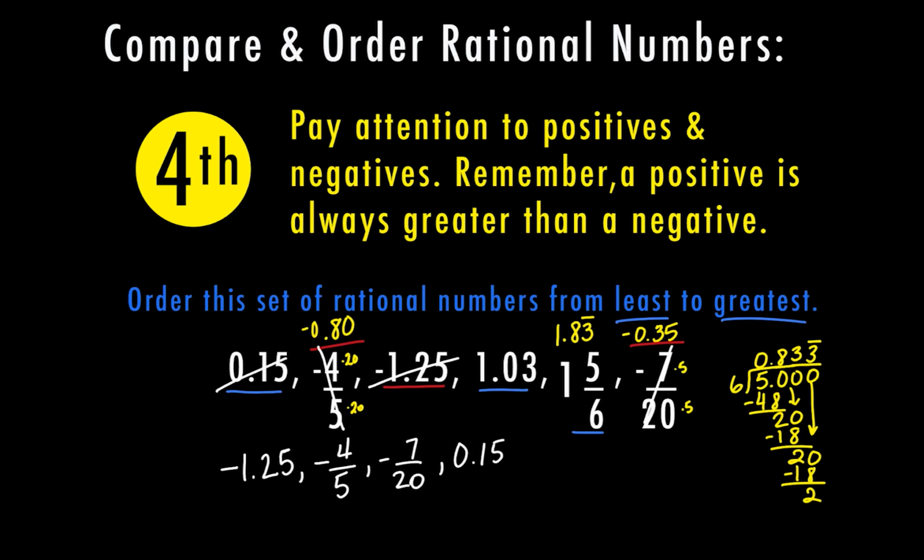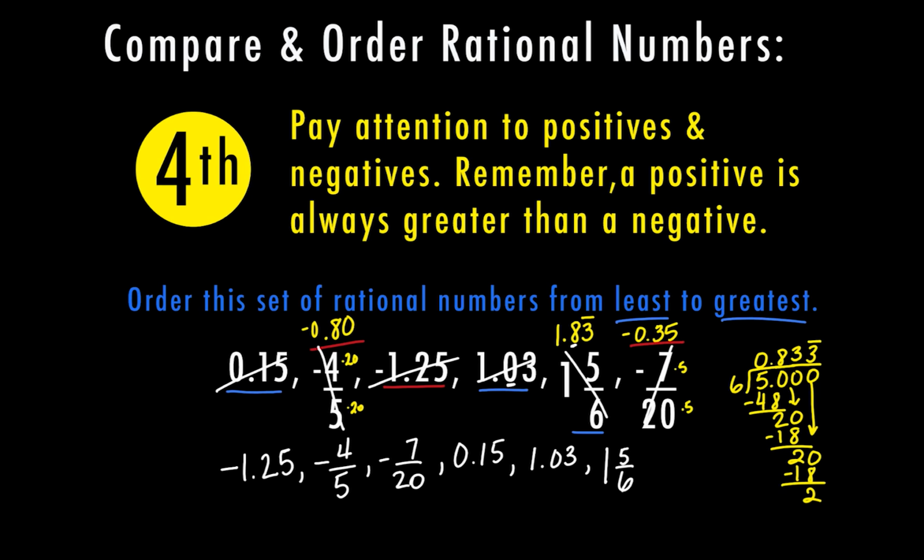Now I have to decide between 1 and 3 hundredths and 1 and 83 hundredths. This one is definitely bigger because I have an 8 in the tenths place, and this one has a 0. So my next one is going to be 1 and 3 hundredths, and that means my last and my largest number here is 1 and 5/6.